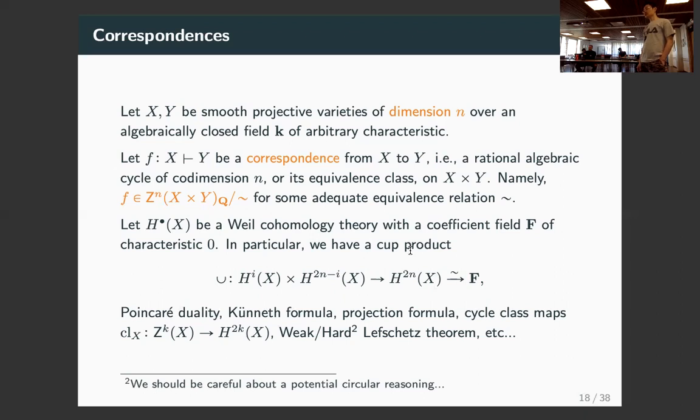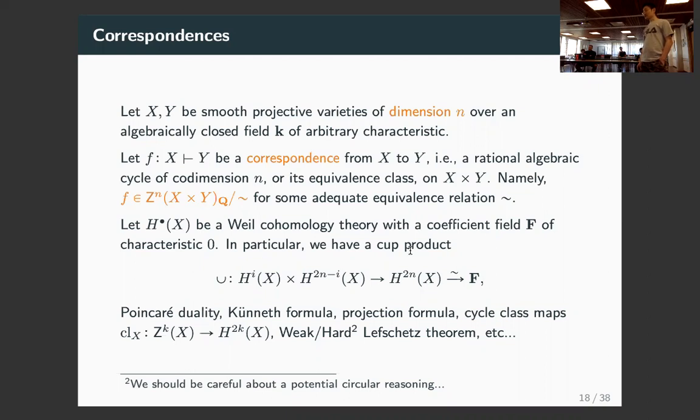So H(x), with coefficients in a field of characteristic 0. We have the cup product, and we also have Poincaré duality, the Künneth formula, the projection formula, and also a cycle class map from algebraic cycles of codimension k into the 2k-th cohomology group. We also have a hard Lefschetz theorem.